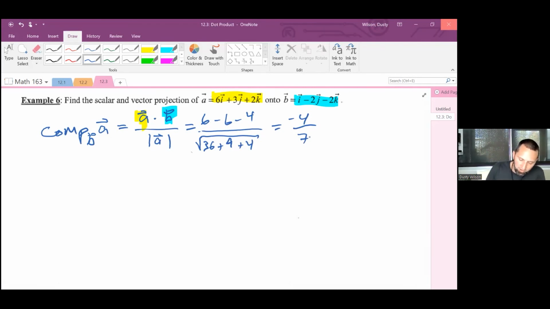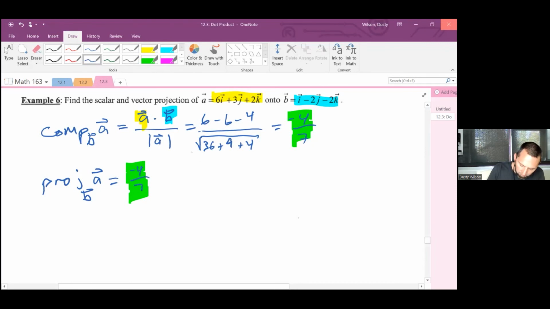And so the second part asks us to find the vector projection of A onto B. To do that, we take the answer above, which is negative 4/7, and then we're going to multiply it by a unit vector parallel to B. So what would that be?